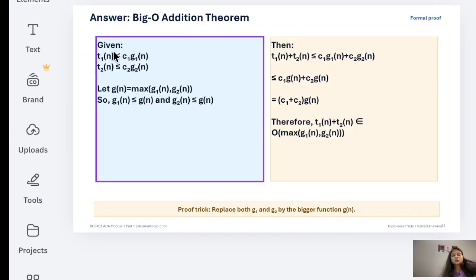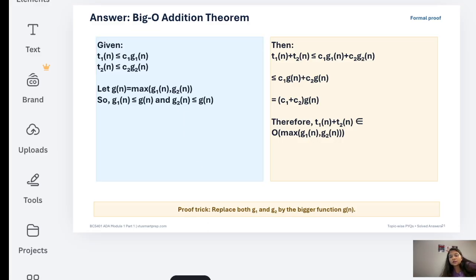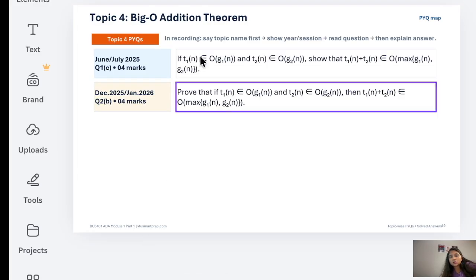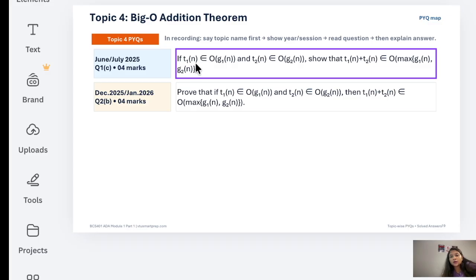So here these are the given terms which are there in the question. t1 of n belongs to big O of g1 of n. It is given in the question. You just check it. See here, t1 of n belongs to big O of g1 of n, and t2 of n belongs to big O of g2 of n.